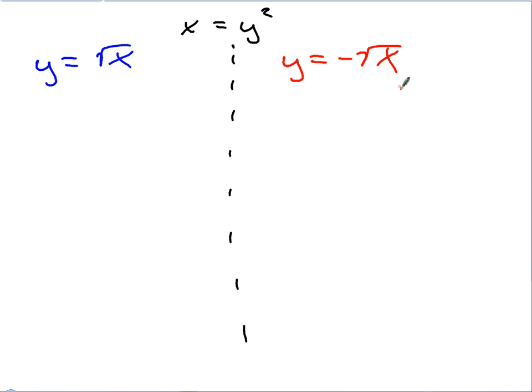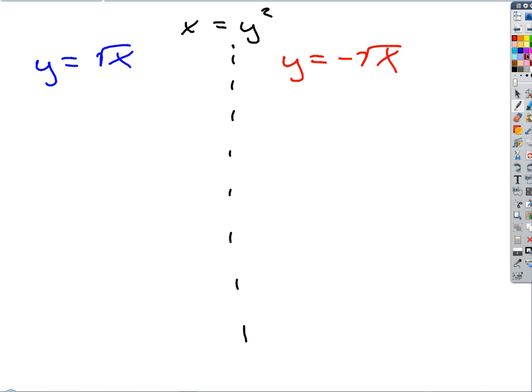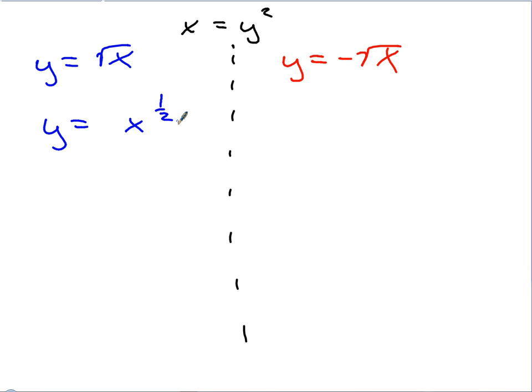If I want to differentiate that, what do I have to do first? Okay, write the radical as a fractional exponent. So I could write that as y equals x to the 1/2.